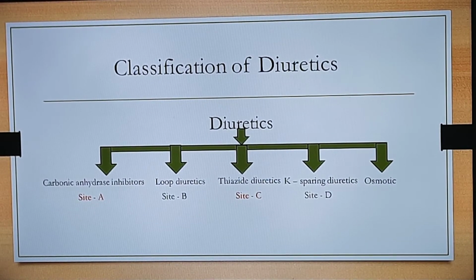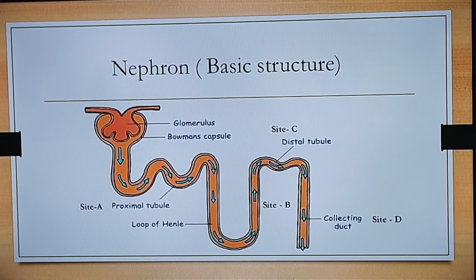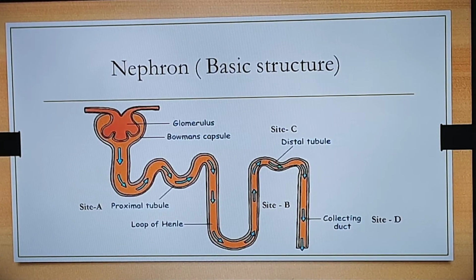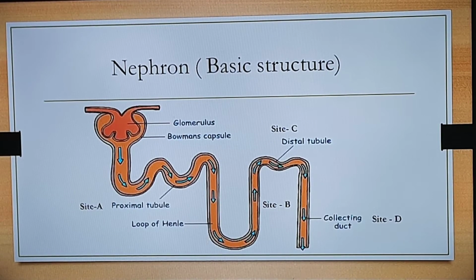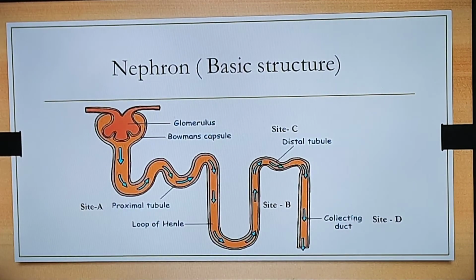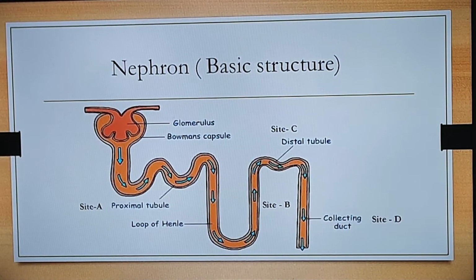Now these loop diuretics are mainly working on our thick ascending limb of loop of Henle. So here is our site B where our loop diuretics are acting.